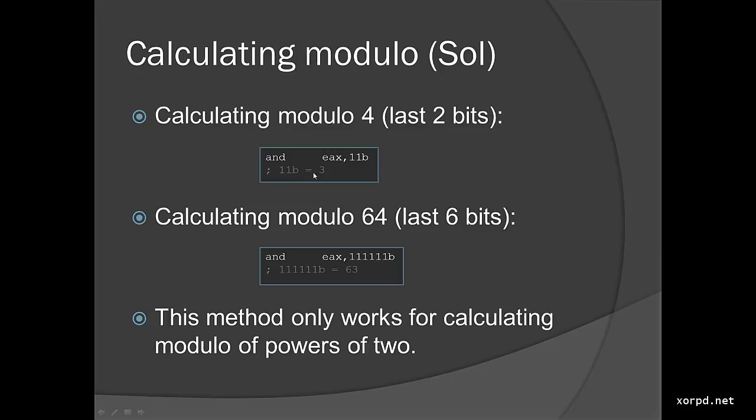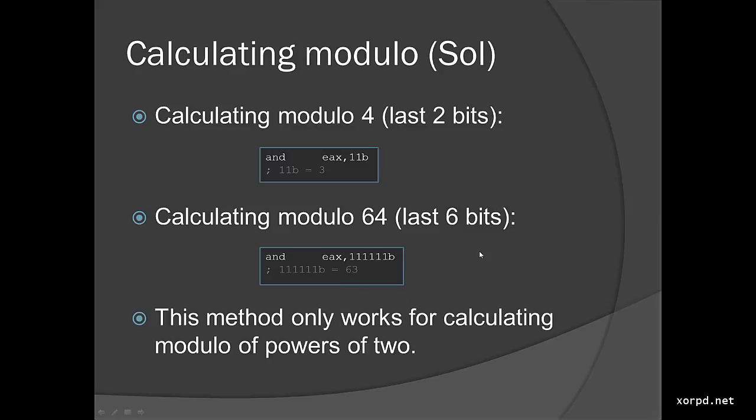Usually when you write this kind of code, it is a better idea to write 11 in binary than writing 3, because 11 is more readable. When someone is going to read your code, it will be much easier to understand if you write 11b, because then the reader of the code will understand that you actually refer to the bit structure of the number.